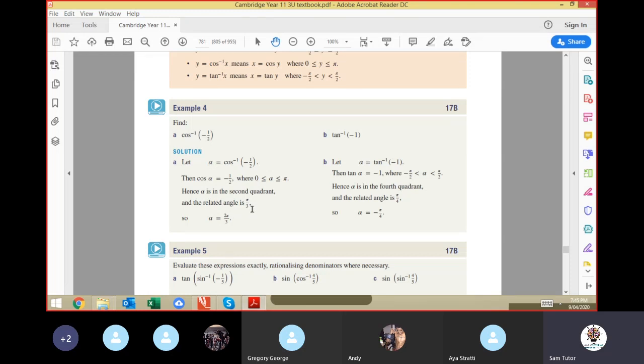Let me think about this. Inverse cos is just not the way I do it. Doesn't really help. A equals inverse cos negative half. Right. That's what I would do.